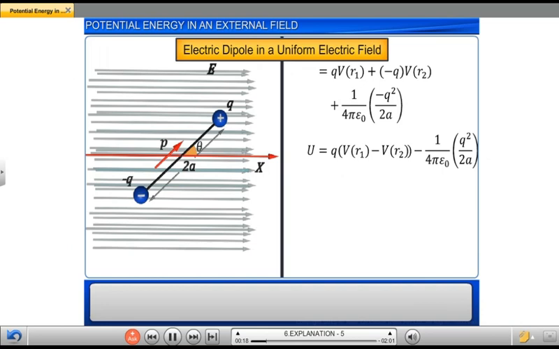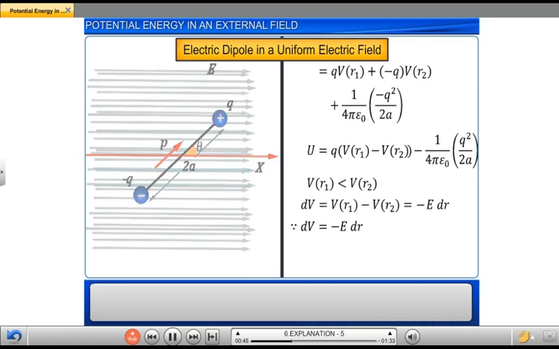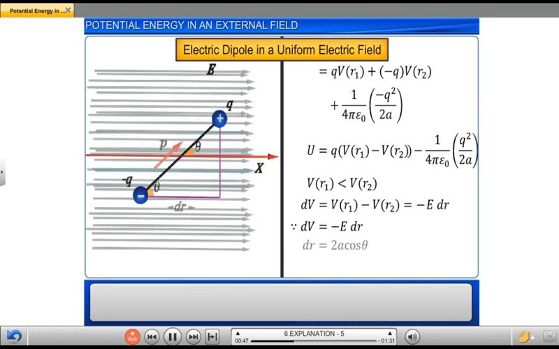We can further simplify V of R1 minus V of R2 as follows. V of R1 will be less than V of R2, since potential decreases in the direction of the field. We can say dV is equal to V of R1 minus V of R2, which is equal to minus E dR. Since dV is equal to minus E dR, from the figure, dr is equal to 2a cos theta.